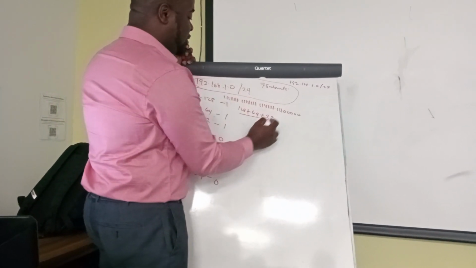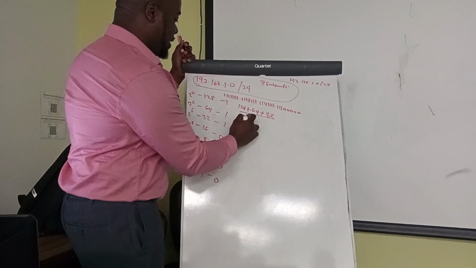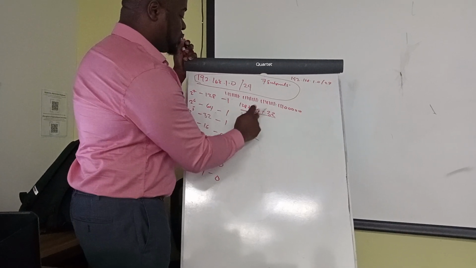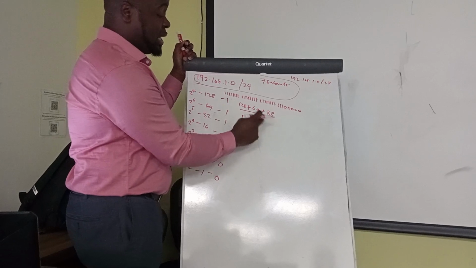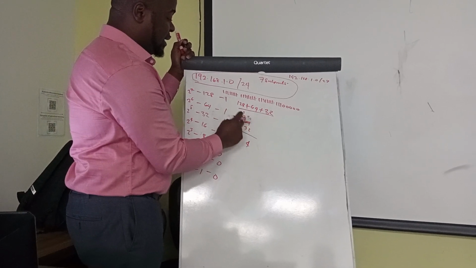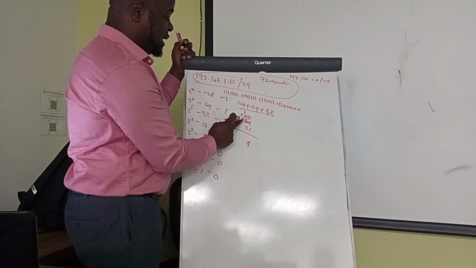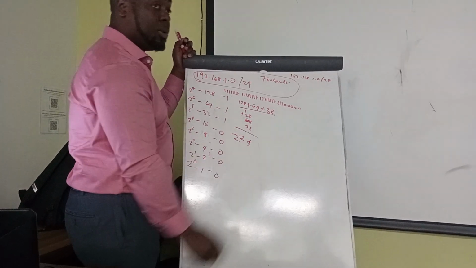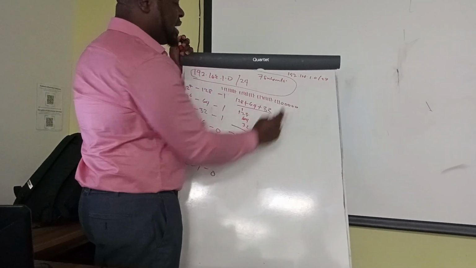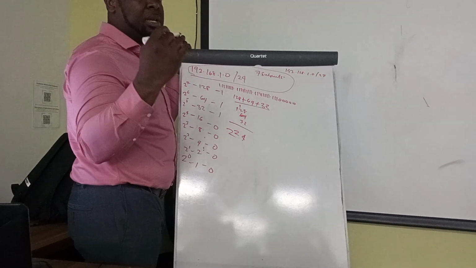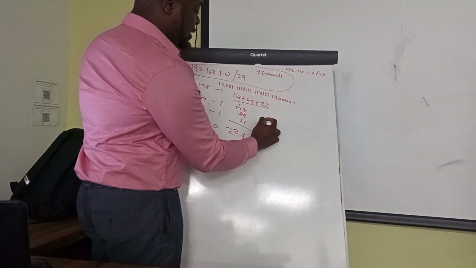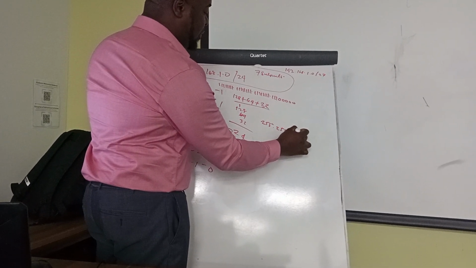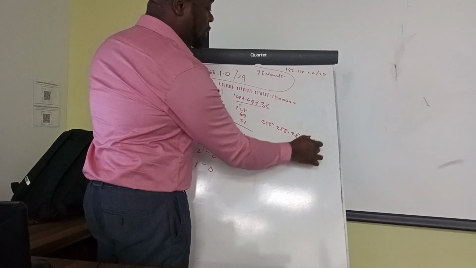When we add all these three together, 128, 64, and 32, what does it give us? 224. So our subnet mask will be 255.255.255.224.